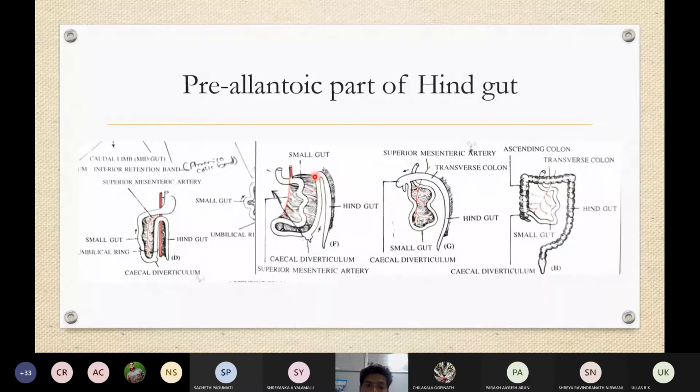Okay, so this area will not allow it to move from here, so that the structures over here will be formed afterwards. From here onwards we will see the left colic flexure and then the descending colon. It is the fixed area here.